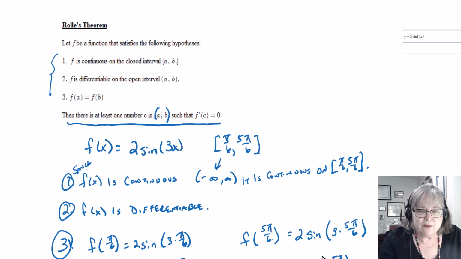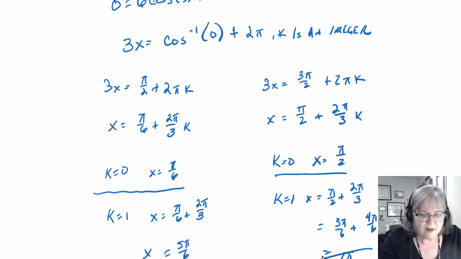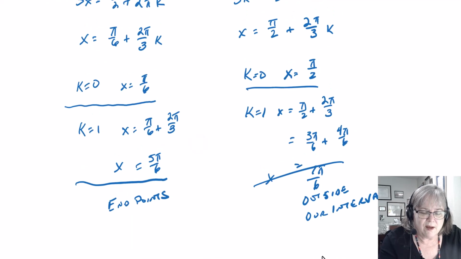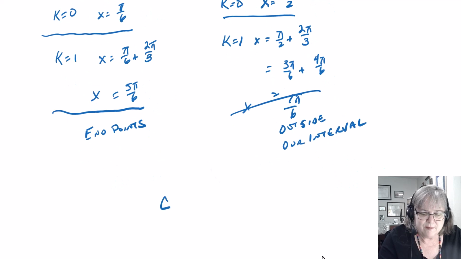So the open interval does not actually include the endpoints. So even though these give me 0, pi over 6, they're the endpoints, and we want between pi over 6 and 5 pi over 6, so the only one we have is c is pi over 2.